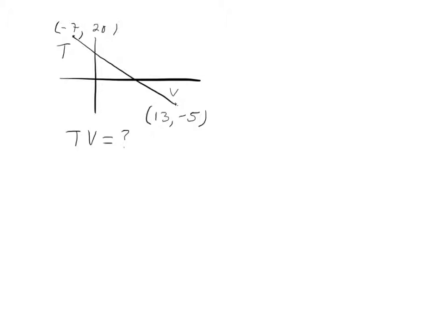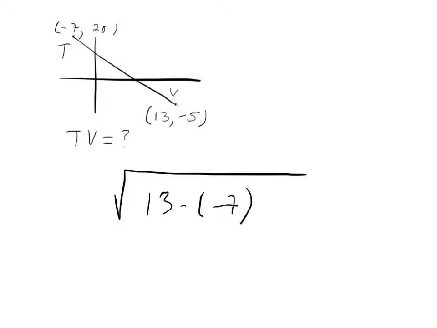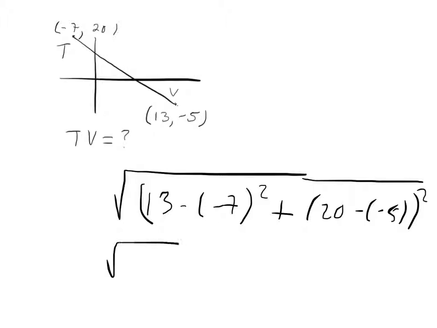So if I set up my distance formula, it's going to be the square root of the difference of x coordinates would be 13 minus negative 7 quantity squared plus the difference of y's 20 minus negative 5 quantity squared. 13 minus negative 7 would be 20 squared plus 20 minus negative 5 would be 25 squared.